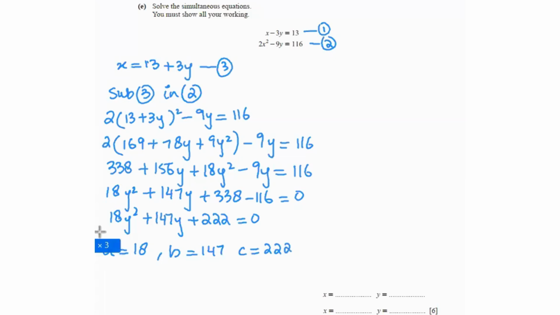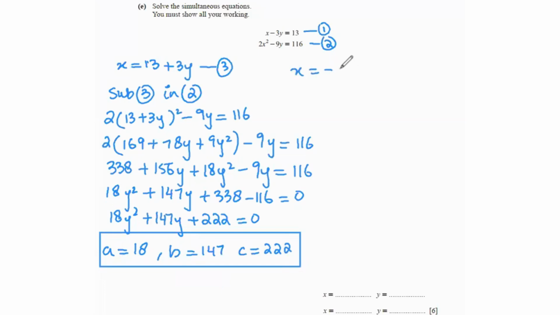So we're going to substitute these values in the quadratic formula. So the value is going to be minus 147 plus or minus the root of 147 squared minus 4 times 18 times 222, divided by 2 times 18.